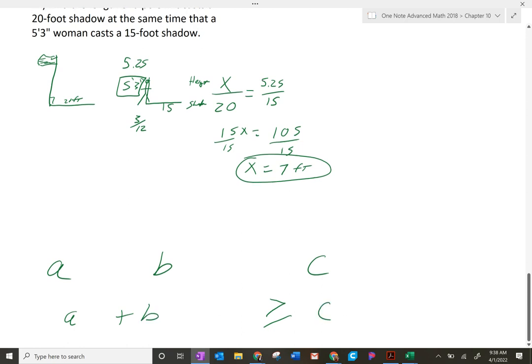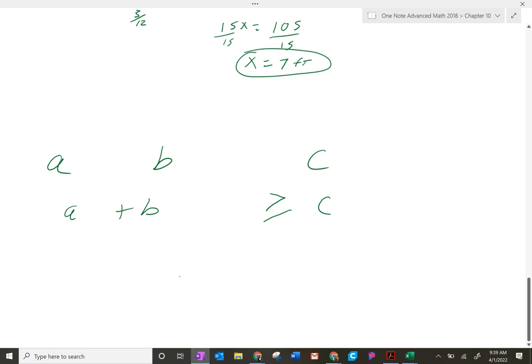Meaning, if I have a triangle that is 5 feet here, and this one over here is, I'll say 8 feet. Sorry, it shouldn't be even equal to, it should be less than.